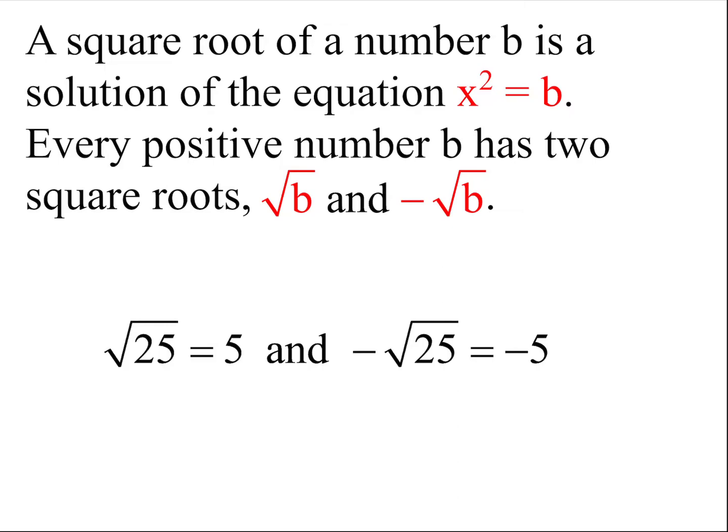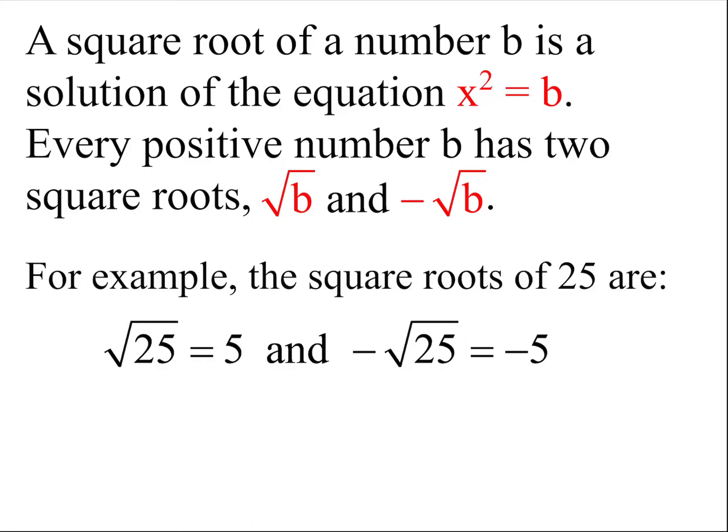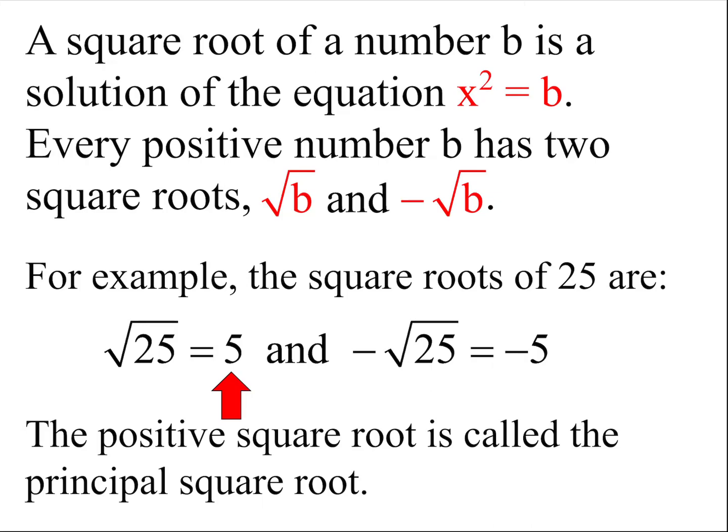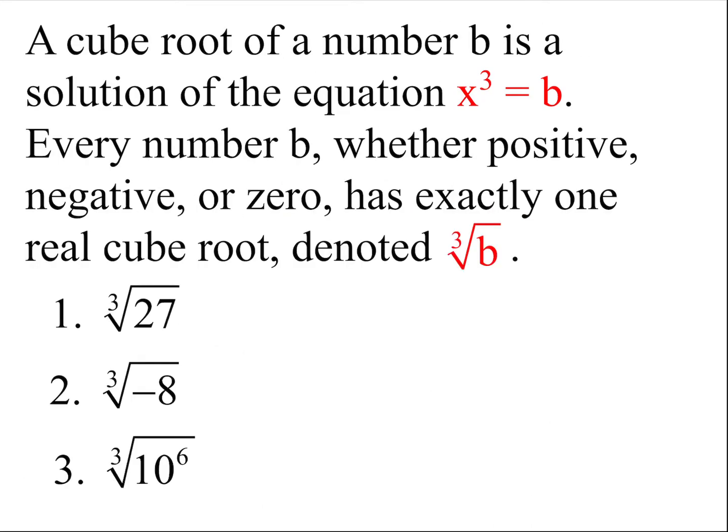For example, the square root of 25 is 5, but you also have to think about the negative square root of 25, which is negative 5, because negative 5 squared is 25, and 5 squared is also 25. So you have to think about both plus and minus. When we talk about the positive square root, we always refer to that as the principal square root.